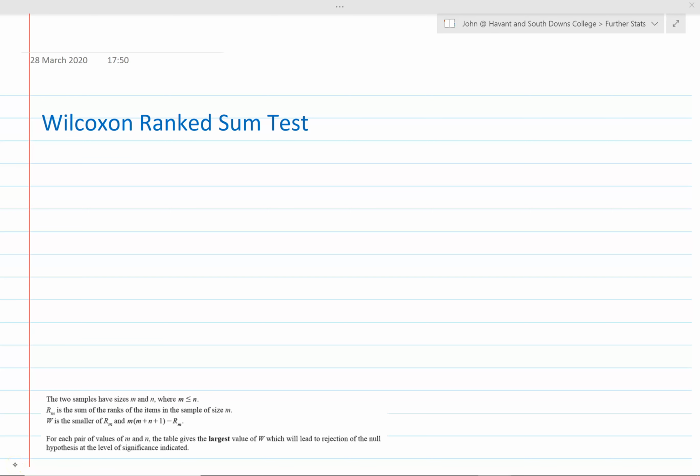Okay, so this is the final non-parametric test that we're going to look at in this series. This is the third test, or the fifth, depending on which way you look at it. It might be worth summarising the tests we've done.